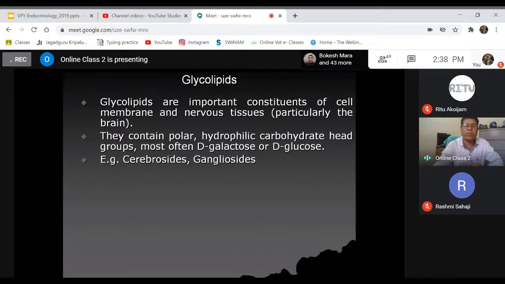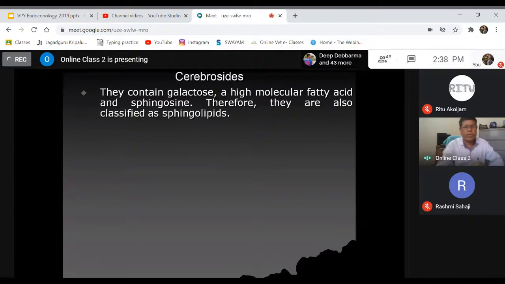The examples of the glycolipids are cerebrosides and gangliosides. We'll see what the cerebrosides and gangliosides are. Cerebrosides contain galactose, just remember this one. The cerebrosides contain galactose, a high molecular weight fatty acid, and a sphingosine.